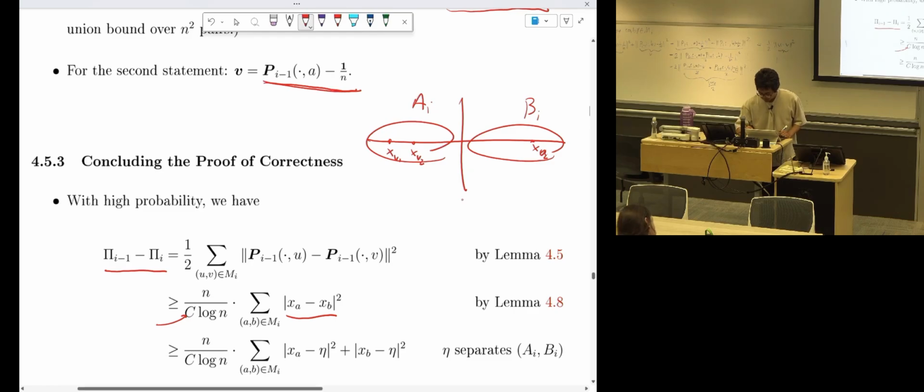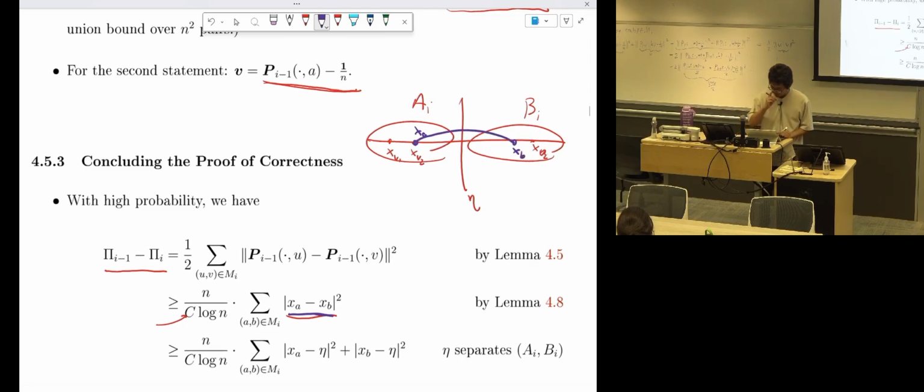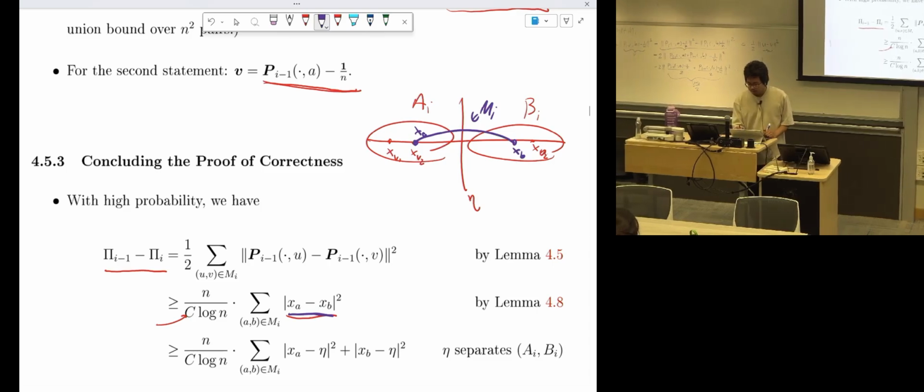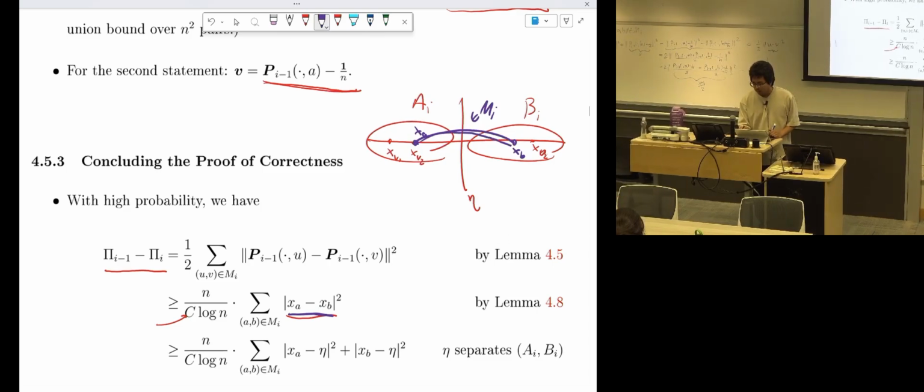Let's look at one pair in particular. Let's say this is XA, XB, and suppose this is in the matching Mi. So this thing square is going to be at least this part square plus this part square.